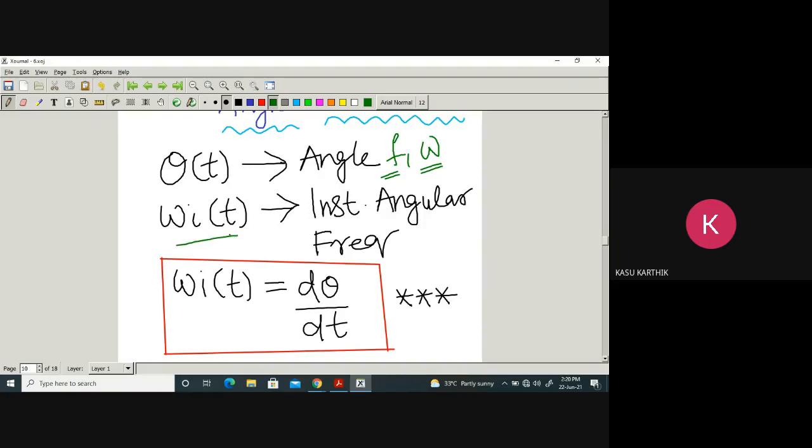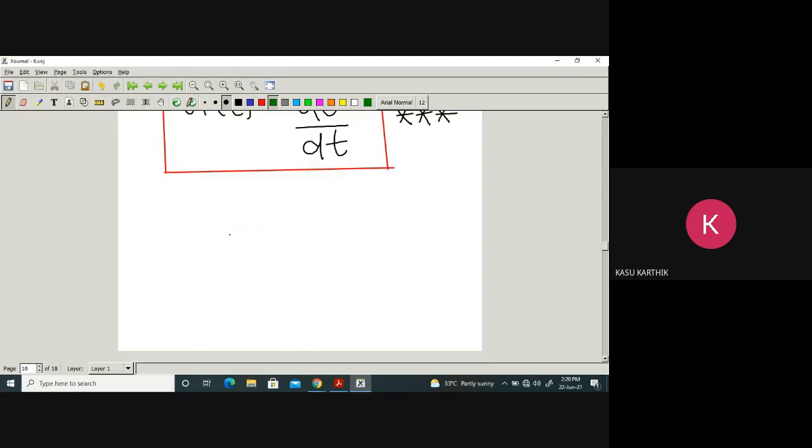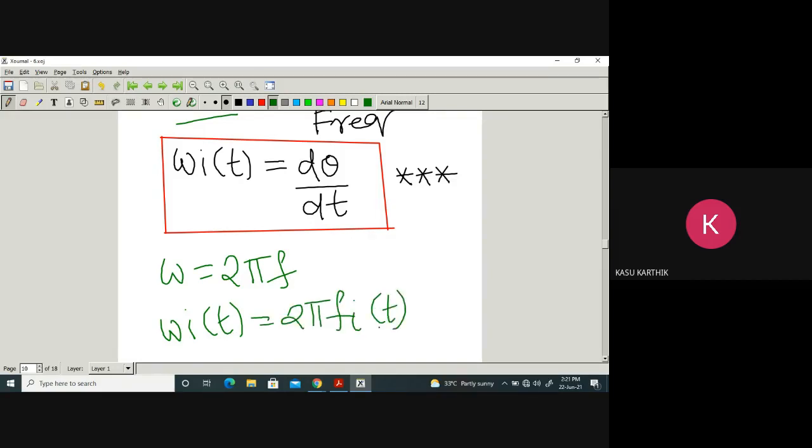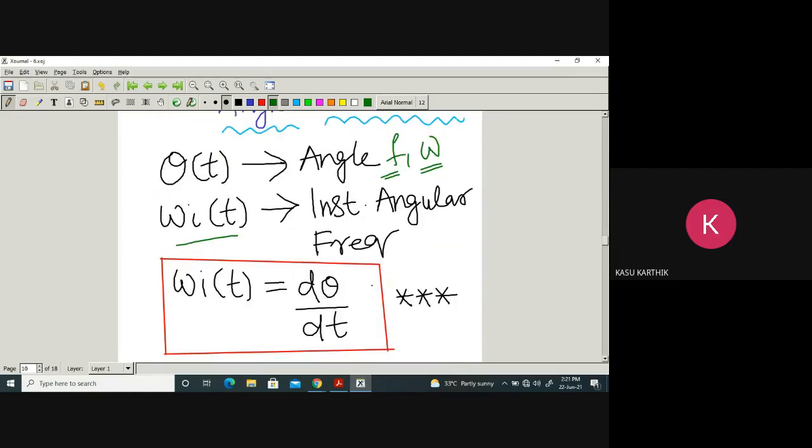I hope you are okay with this. What is the relation? The relation is very simple. Omega equal to 2 pi f. Obviously, omega I of t equal to 2 pi Fi of t.